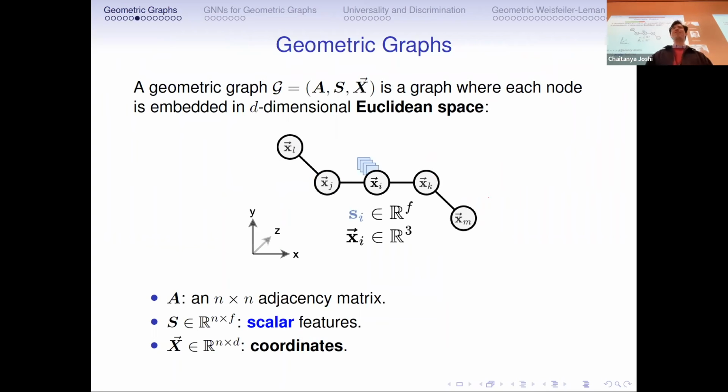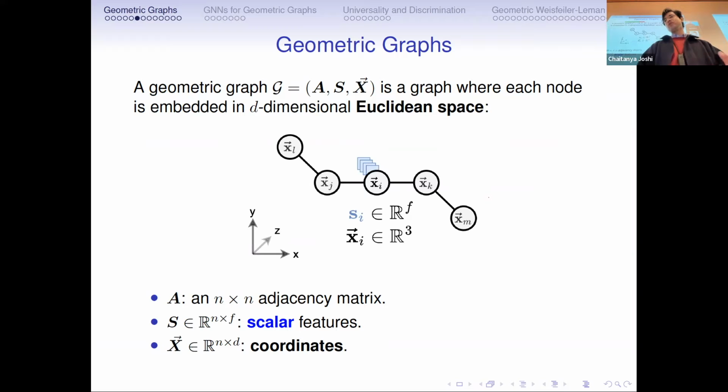So these were graph neural networks. What we're interested in is now how to generalize that to geometric graphs. So geometric graphs are graphs, nodes and edges, embedded in d-dimensional, or for all intents and purposes, 2D or 3D space. So now you not only have these scalar features, but you also have coordinates, which tell you the position in XYZ axis.